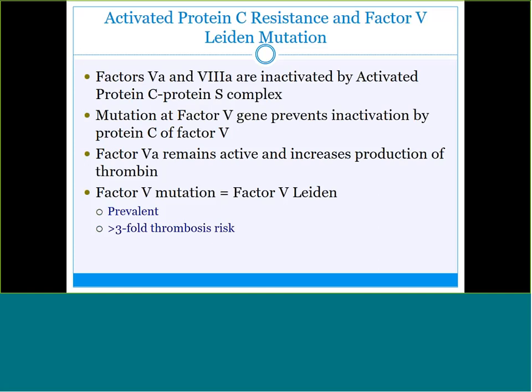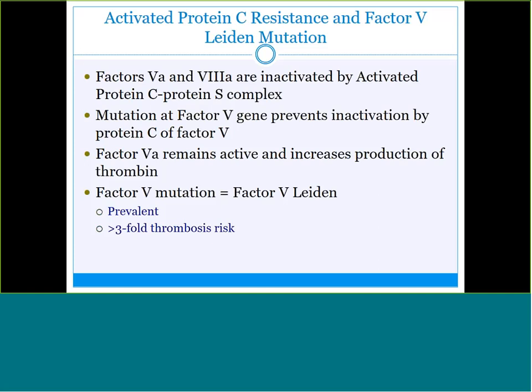Protein C, when it binds to protein S, those two together, the whole purpose of protein C and S is to inactivate your factors 5 and 8. Remember, they're regulators. They put a stop to your coag pathway, because once we're forming clots, you need to stop your coag pathway and say, hey, we're done, we don't need more clots. That was kind of their role: okay, we'll go and inactivate factors 5 and 8 to make sure we stop our coag pathway, we're done.